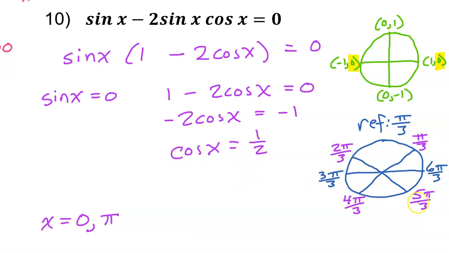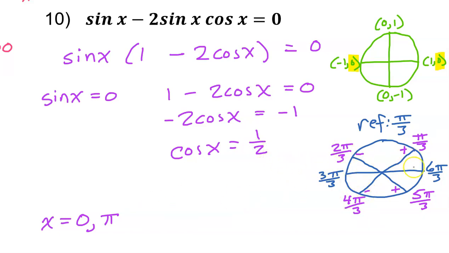The cosine of any of these angles will be some kind of 1/2. It's just that cosine is positive in the first quadrant and in the fourth quadrant, over here on the right-hand side. So I will get a positive 1/2 from these two angles. Cosine is negative on the left, so these two would give me a negative 1/2.